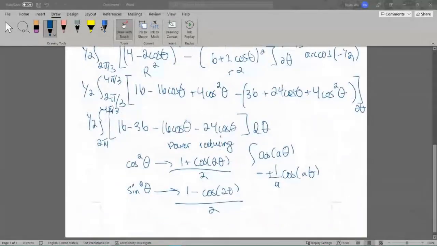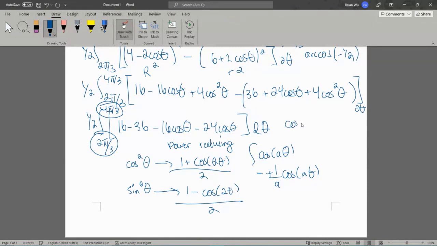It depends on what the values you get for 4 pi over 3 and 2 pi over 3. Oh, that's true. Let me see. Cosine can have negative values, and so can sine. So I think the negatives won't matter until the end. I'll have to double check on that.